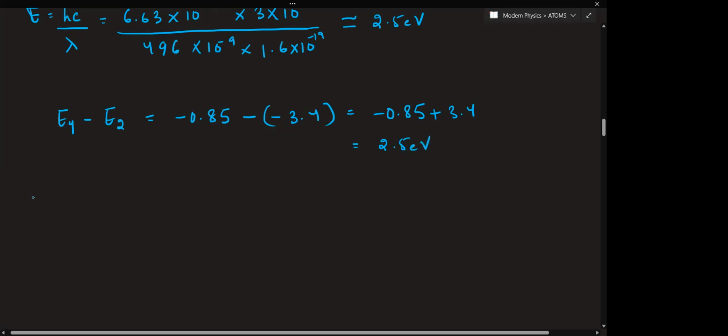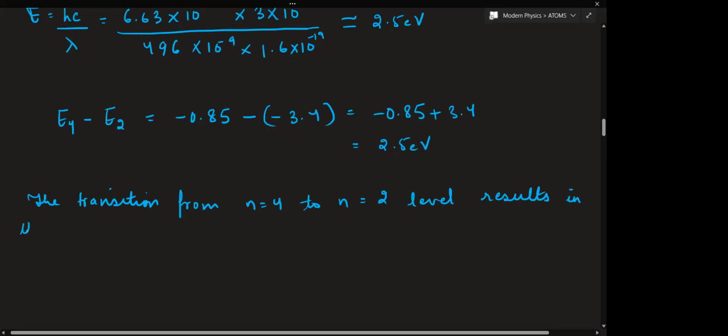So this means the transition from n is equal to 4 to n is equal to 2 results in the emission of a photon of wavelength 496 nanometers.